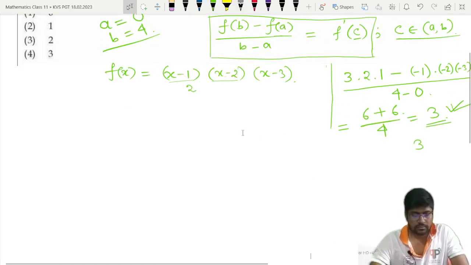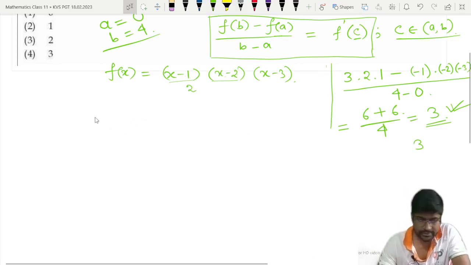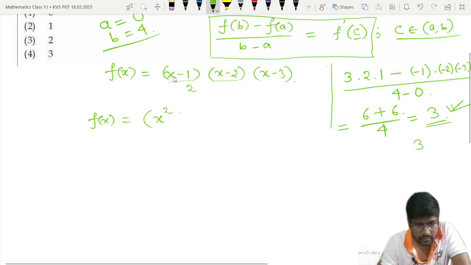Okay, this f of x we will recalculate, and again we will find we did some mistake in the calculation. So f of x will be equal to x minus 1 into x minus 2, that means x square minus 2x minus x minus 3x, it is happening, minus 3x plus 2, into x minus 3.